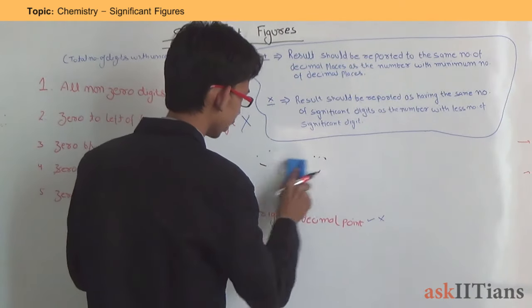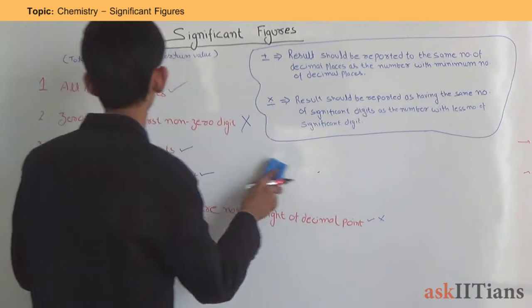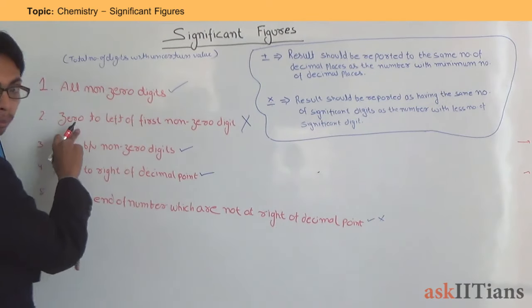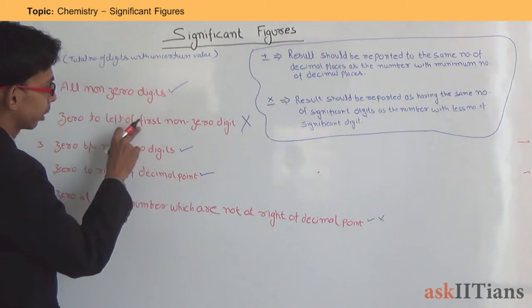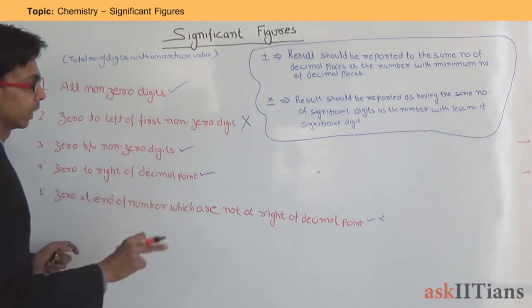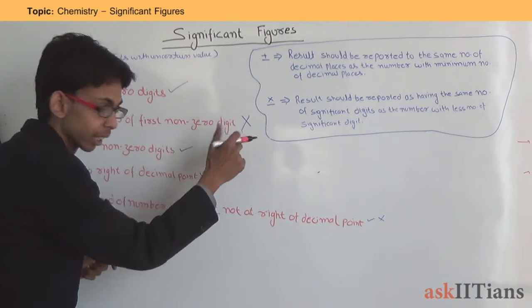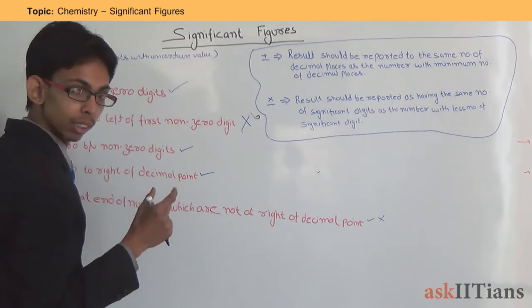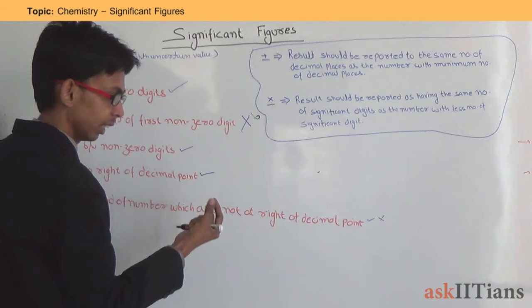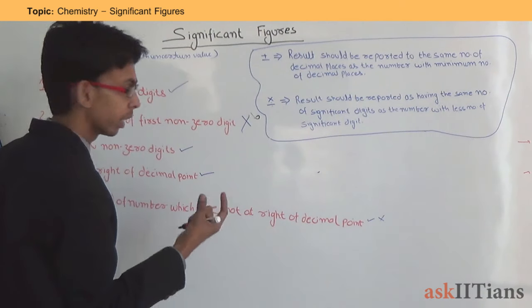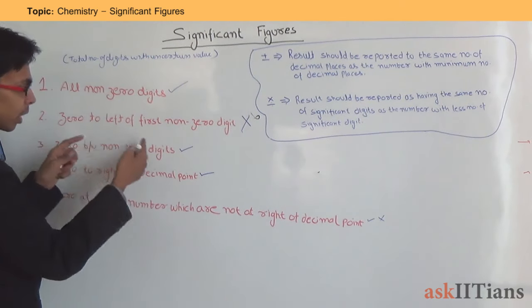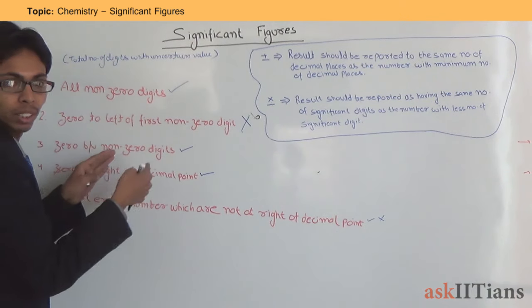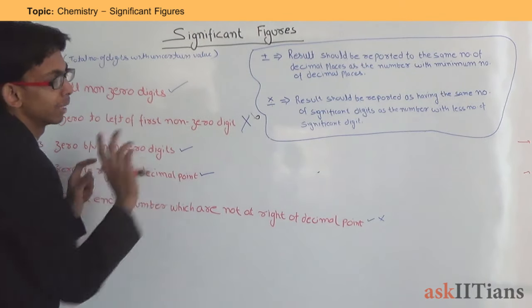Let's move to the second one, according to which a 0 to the left of the first non-zero digit is not significant. Cross means not significant. A zero in a number which is on the left side of the first non-zero digit will not be significant.